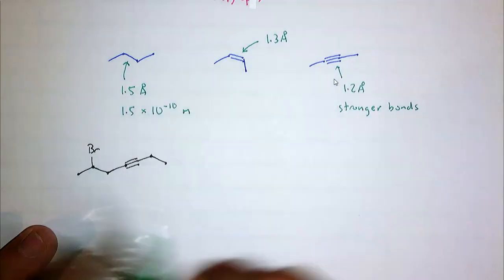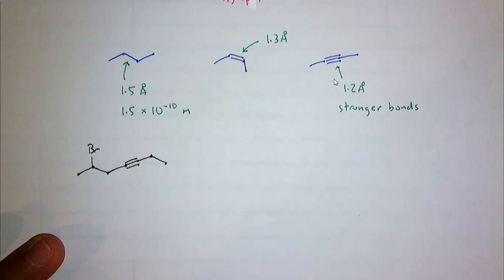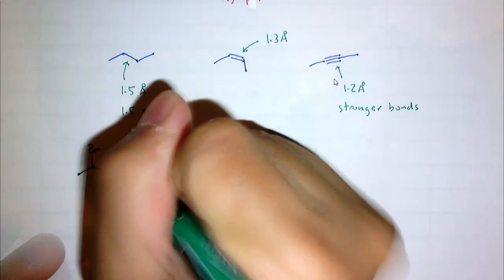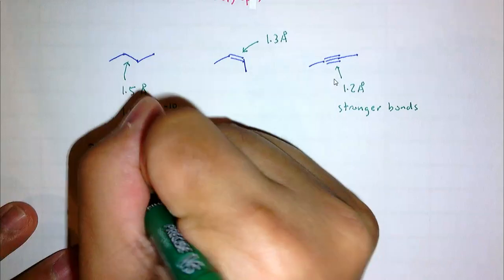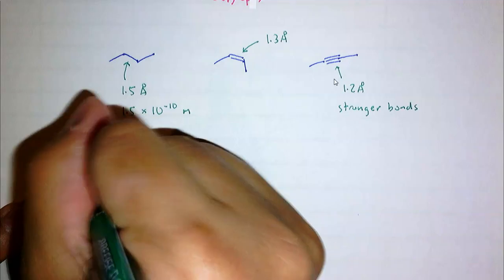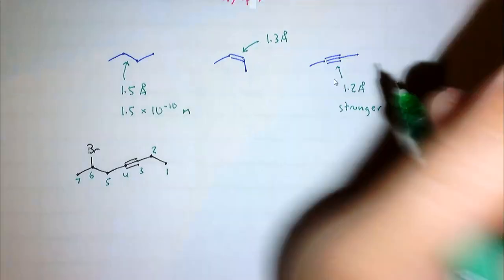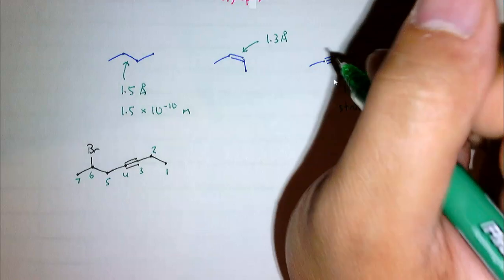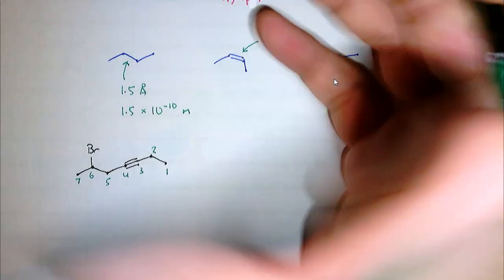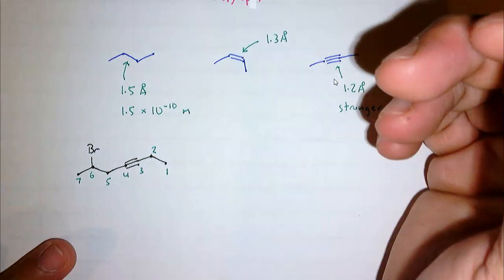If you have those types of substituents, the triple bond wins, and you number from the end closest to the triple bond. There are other functional groups that have priority over the triple bond, but I'm not going to go through that. For my class, we're not going to worry about super complicated molecules where we have multiple functional groups.